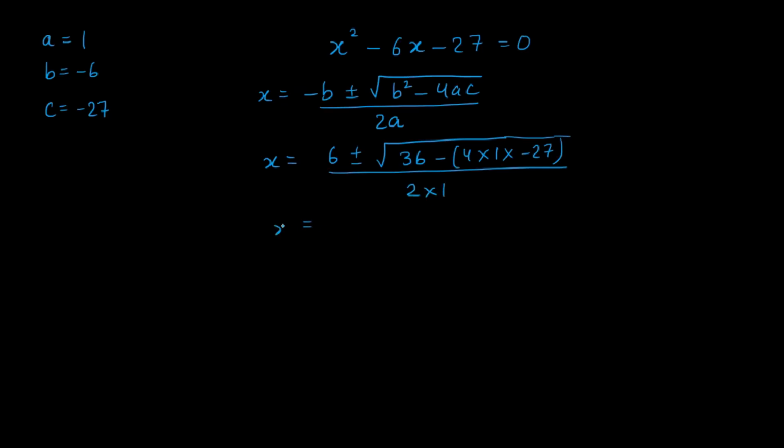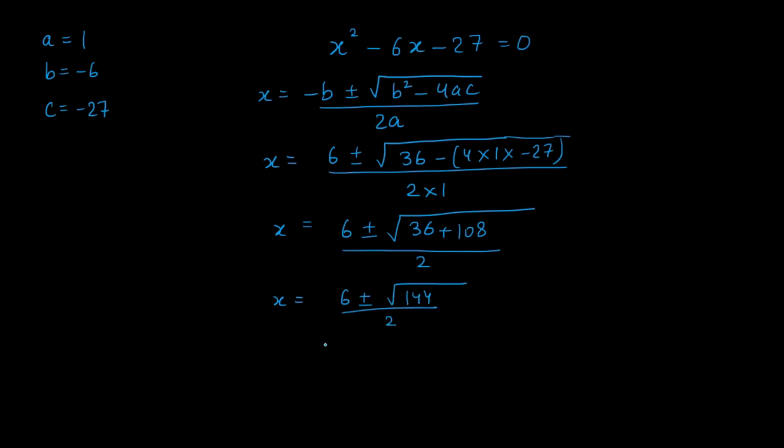This gives you 6 plus minus the square root of 36 plus 27 into 4, which is 108, divided by 2. So this gives you 6 plus minus the square root of 144 divided by 2. So that means x equals 6 plus minus 12 divided by 2.